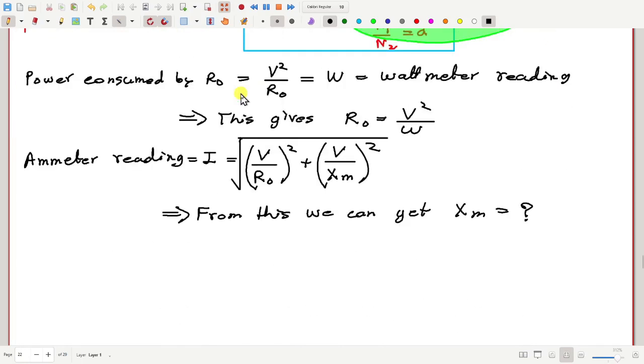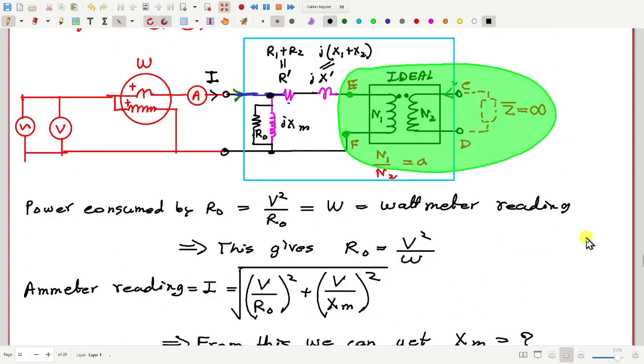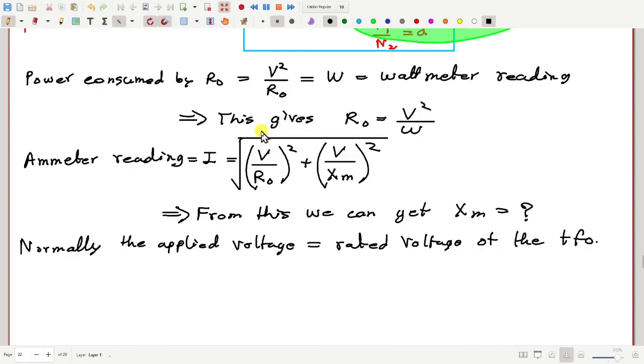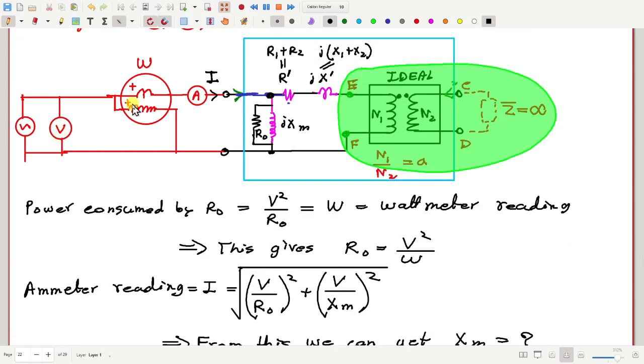So normally the applied voltage is equal to the rated voltage of the transformer, rated primary voltage or secondary voltage depending on from which side you are doing this test. So that's one point. You should not apply any voltage larger than that, then the transformer is just gone and it may also cause dangerous accidents.